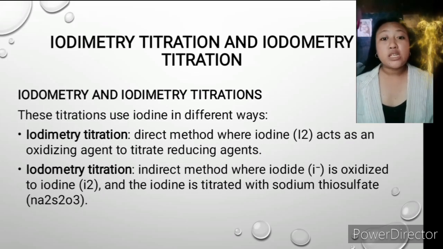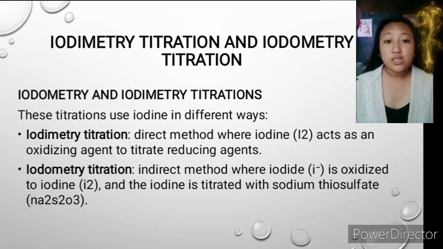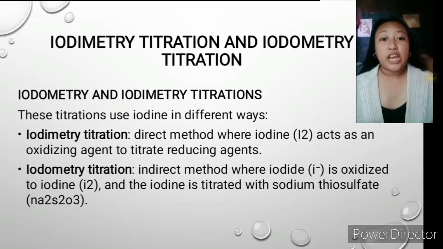From these 2 to 3 drops of iodine solution, there will be a chemical reaction, or the color changes, which turns to blue. And that is our endpoint of iodimetry titration.